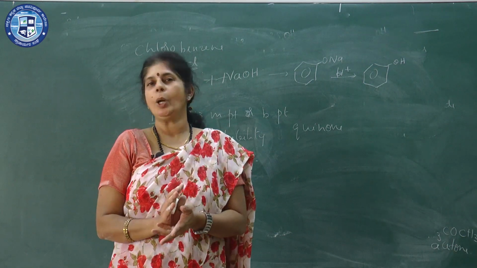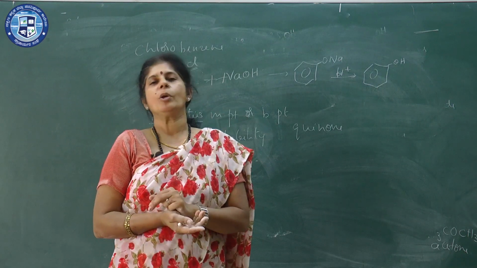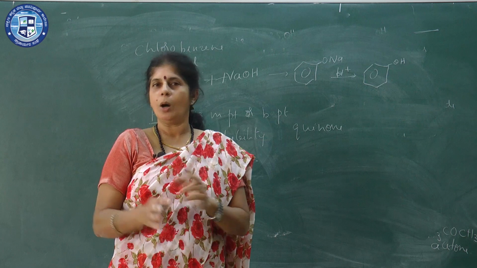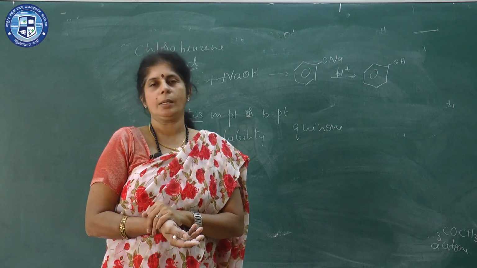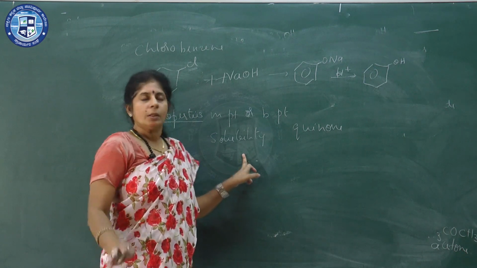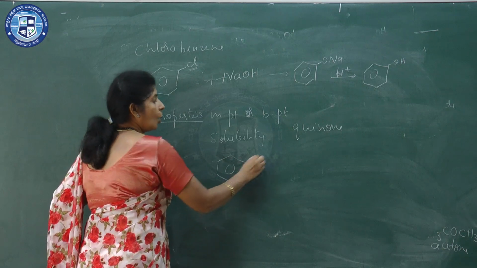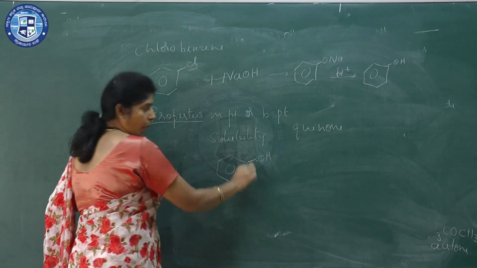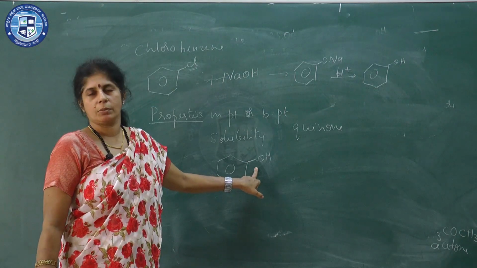So it has a high boiling point because of the ring structure. As the number of OH groups increases or it becomes dihydric, the boiling point still goes on increasing. Now come to the point of solubility. The phenol, though we take it as an aromatic ring structure which is hydrophobic, hates water, the OH group is present.